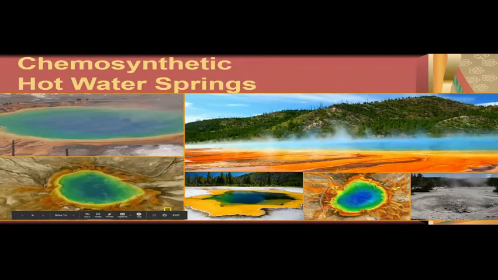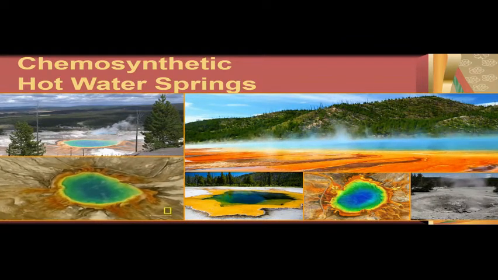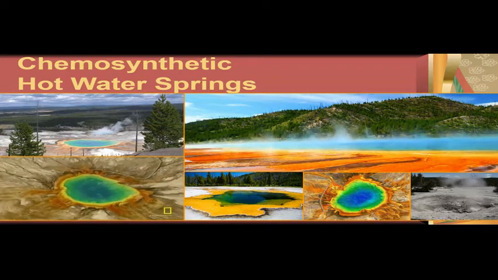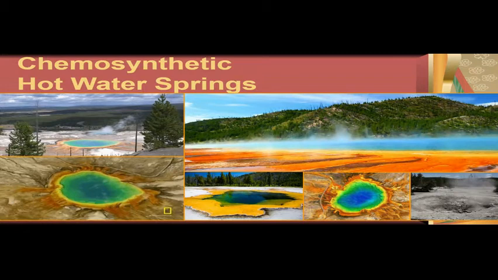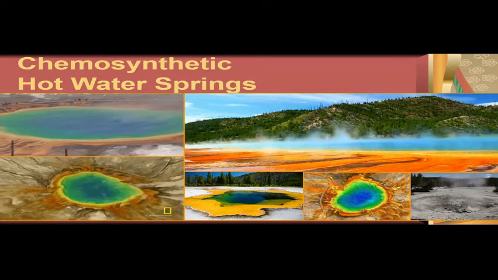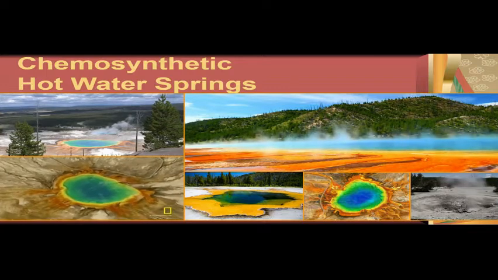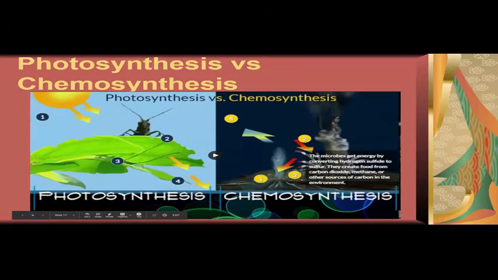Another example of chemosynthesis occurs in hot water springs, like those found in Yellowstone. Those colorations that you see have to do with the chemosynthetic bacteria that live in those hot springs that are using the chemicals to produce their own food. Here's a comparison of photosynthesis and chemosynthesis.